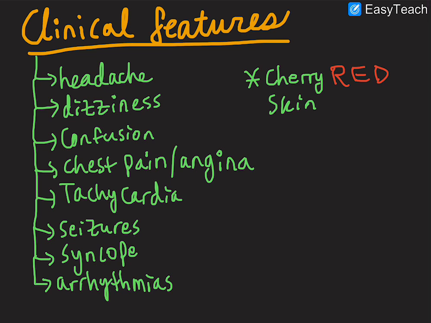If carbon monoxide is bound to hemoglobin, right, the oxygen is not being properly released from the hemoglobin to your tissues, one of those tissues being your heart, then of course you're going to have chest pain or angina, right? Because of low oxygen delivery to your heart tissue or your myocardium. So that clinical feature, that symptom makes sense.